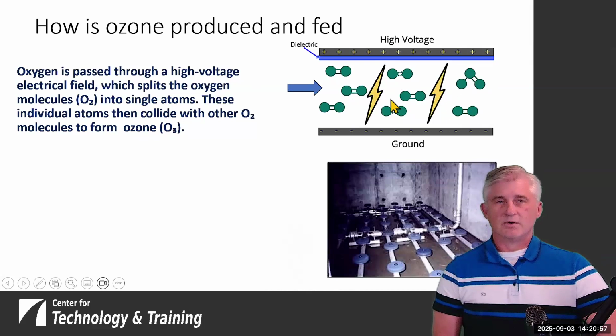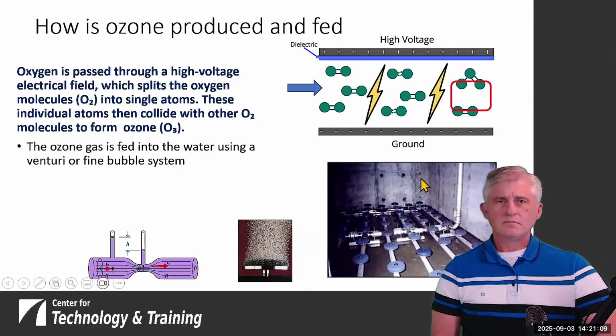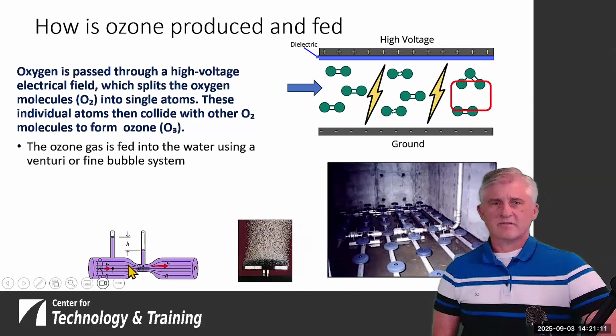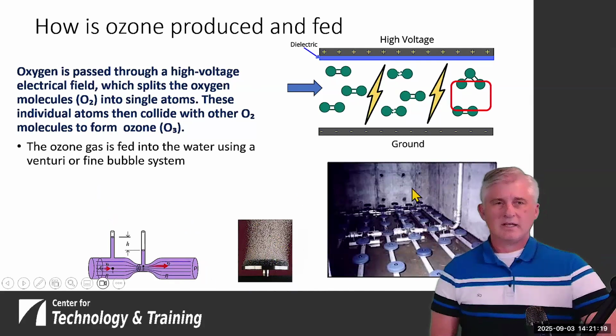They collide with each other and they become O3s. This depicts some of what it might look like. And they're fed using a venturi or a fine bubble system. So, with this type of thing, you would probably need a good deal of space in order to do ozone.